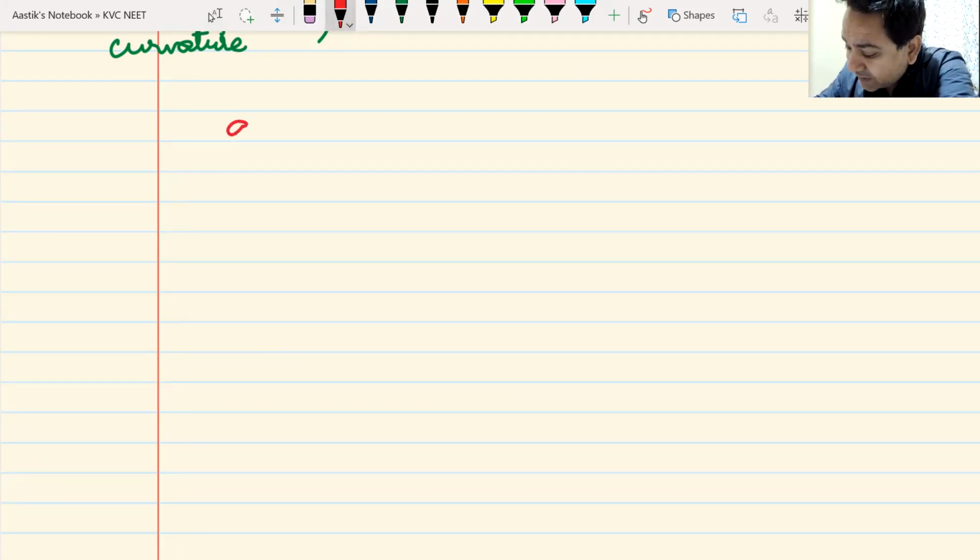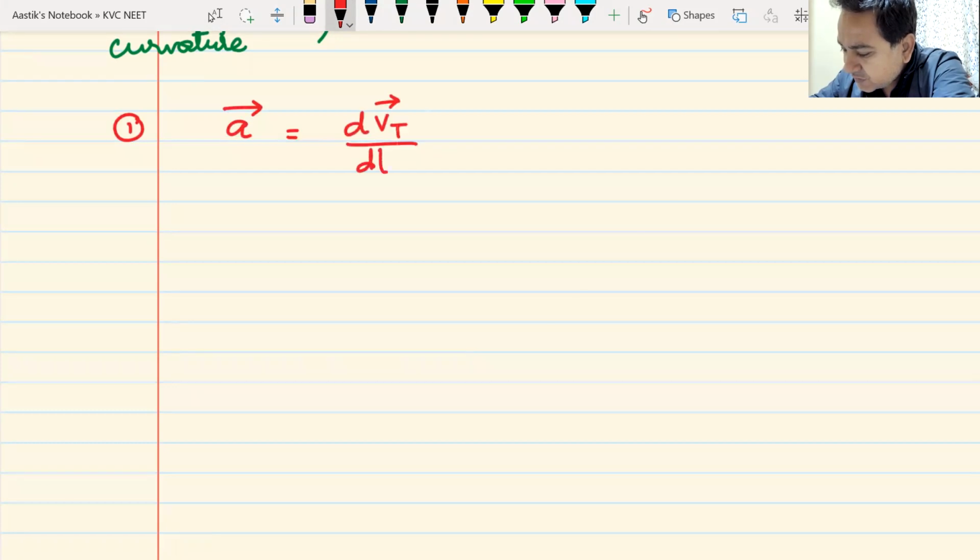We have this acceleration A, number one. We have this acceleration A, which is nothing but the rate of change of velocity. Let me write it as dVt by dt, because now we are trying to study circular motion. So instead of calling velocity as velocity, we are just calling it as tangential velocity, because we know that everything is a part of a circle.